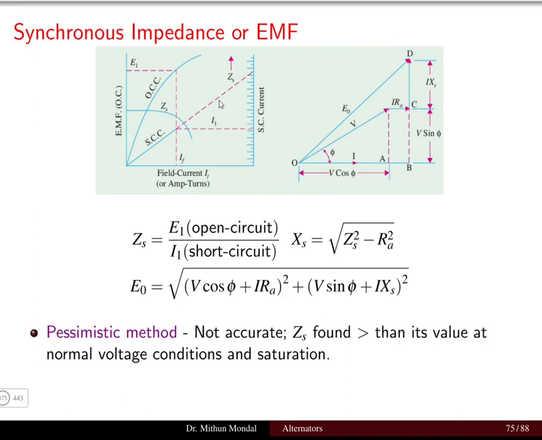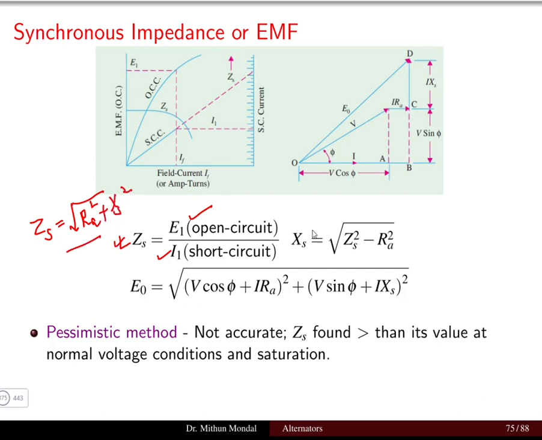Then we can write the synchronous impedance of the alternator as the ratio between the open circuit voltage and the short circuit current. In terms of the circuit parameters, we know that ZS, the synchronous impedance, is equal to the square root of the armature resistance squared plus the synchronous reactance squared.